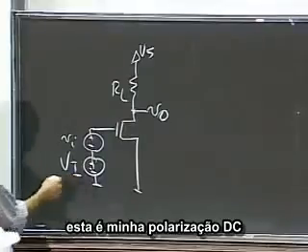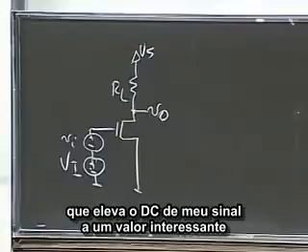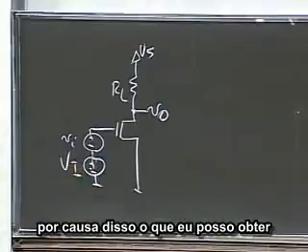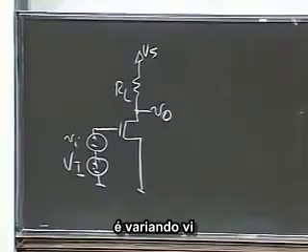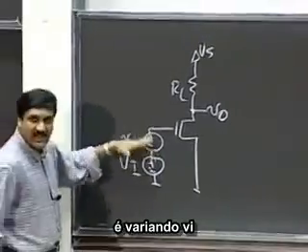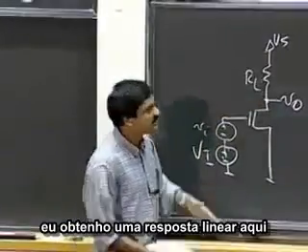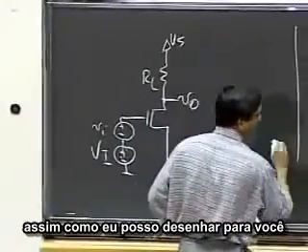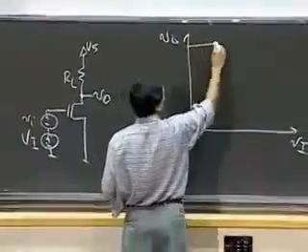This is my DC bias that has boosted up the signal to an interesting value. And because of that, by varying vi as a small signal with a very small amplitude, I'm going to get a linear response here, and I can draw that for you as well.